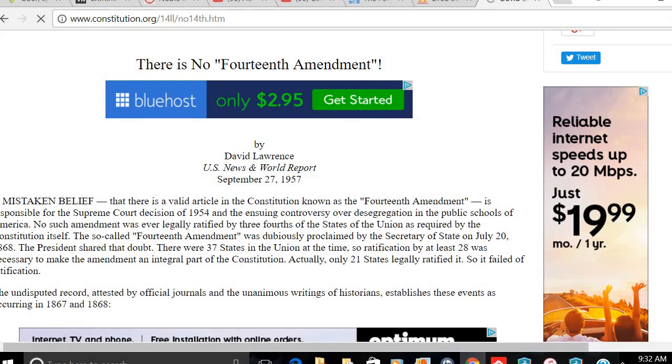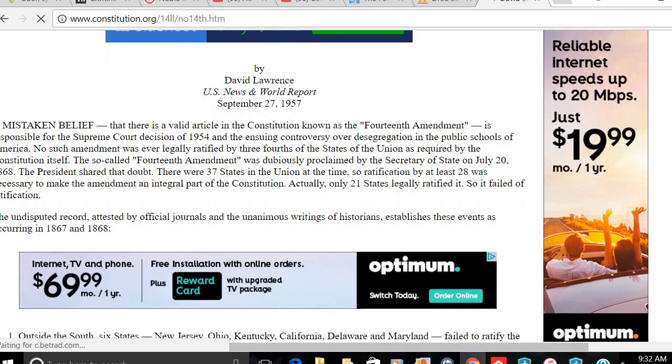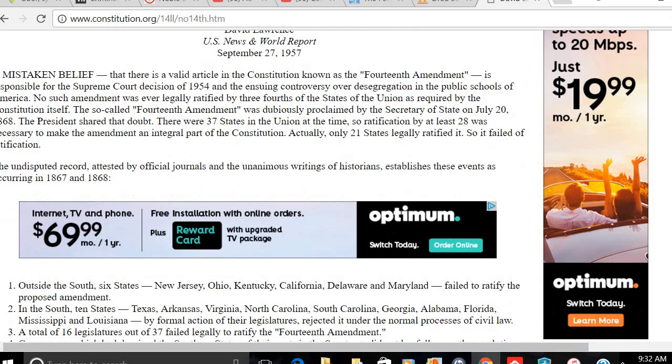It says a mistaken belief that there is a valid article of the Constitution known as the 14th Amendment is responsible for the Supreme Court decision of 1954 ensuring the controversial desegregation in public schools of America. No such amendment was ever legally ratified by three-fourths of the states of the Union as required by the Constitution itself.